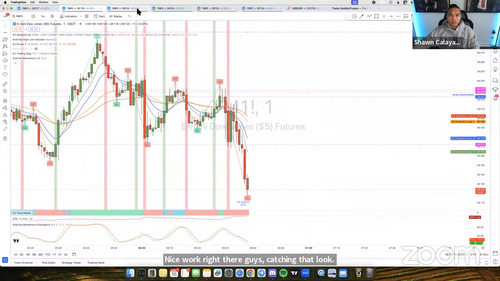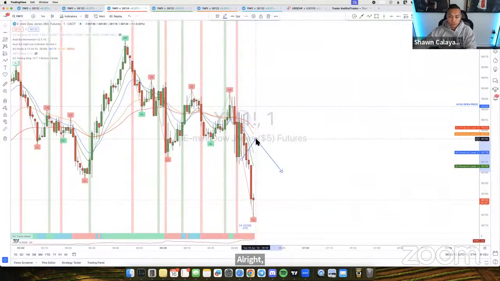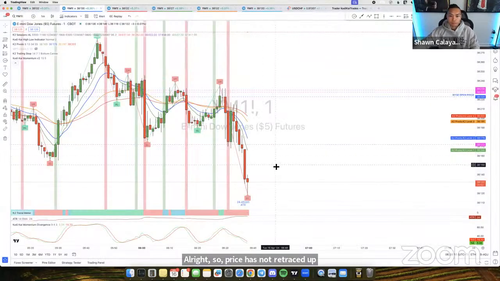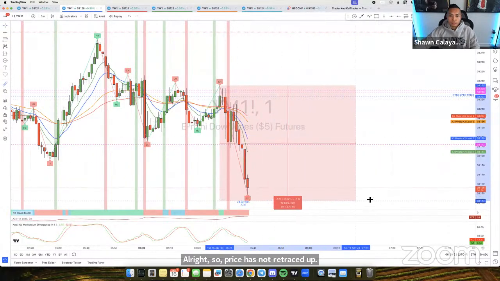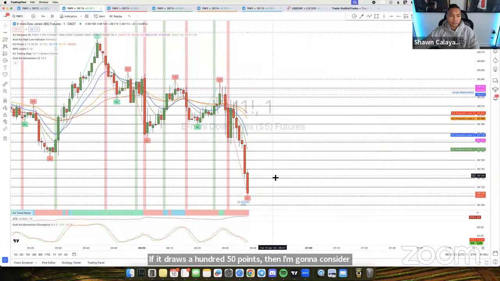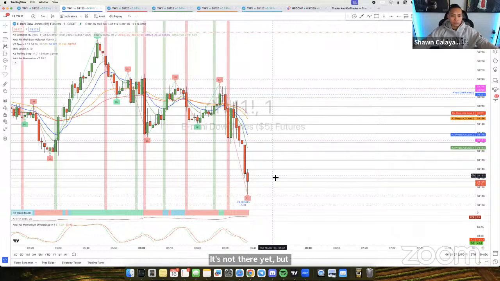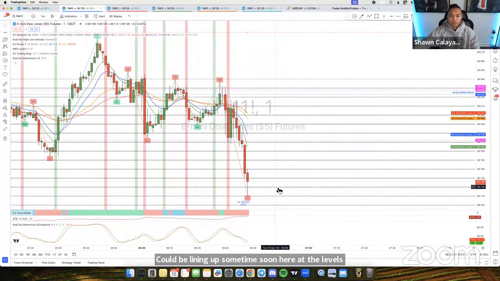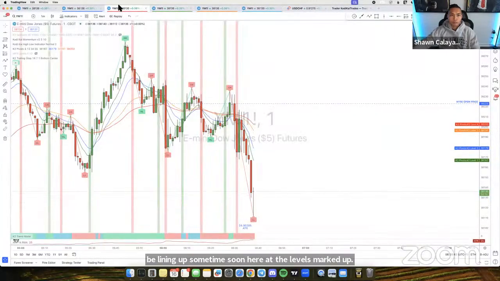All right, so let's see, there's no PRB yet. Price has not retraced up. If it drops to 150 points, then I'm going to consider that overextended. Otherwise, we might have a setup here for an MPS lining up sometime soon. It's not there yet, but it could be lining up sometime soon here. Got the levels marked up. No PRB, no BB3.